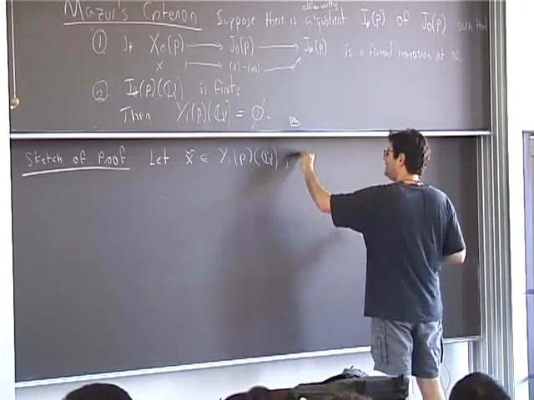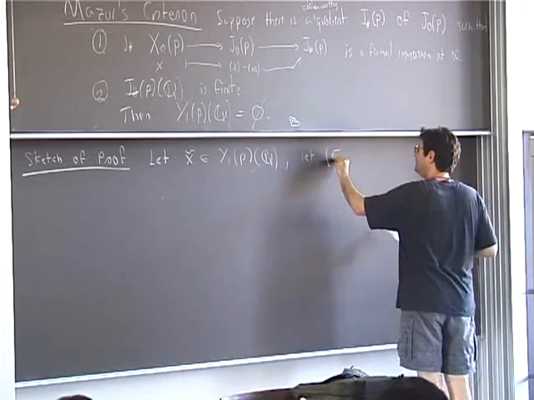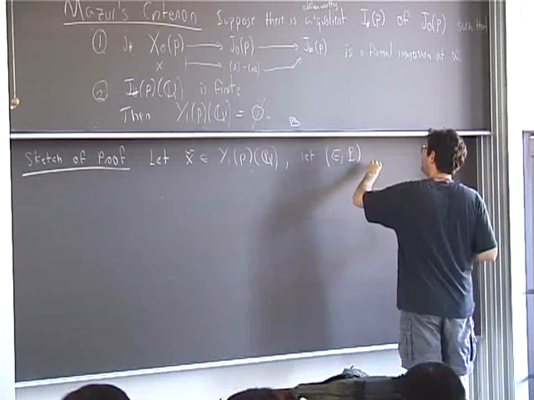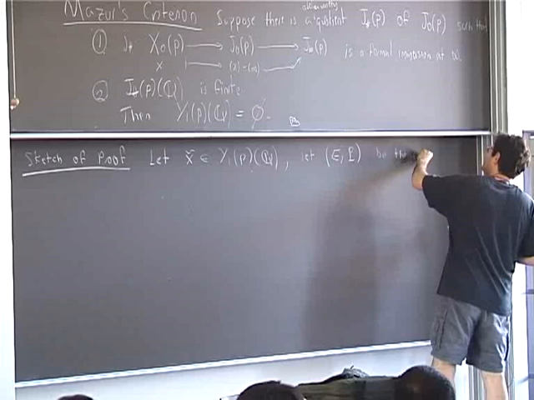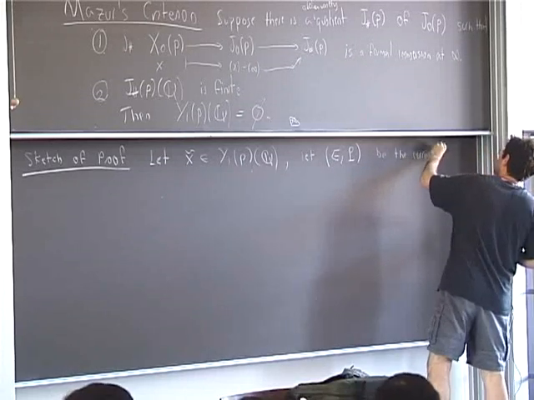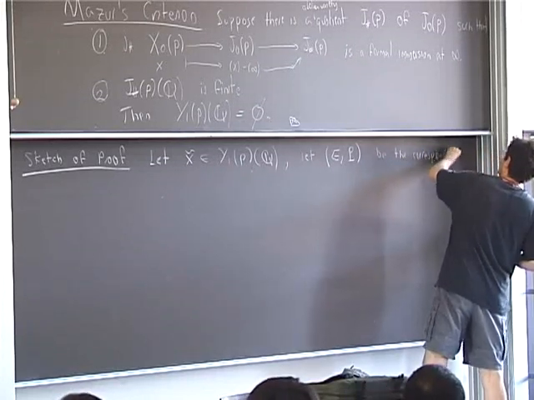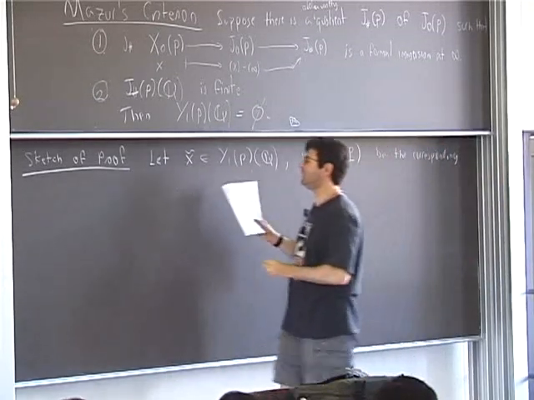So I'm going to let E, comma, capital P be the corresponding point, which corresponds to this x tilde.